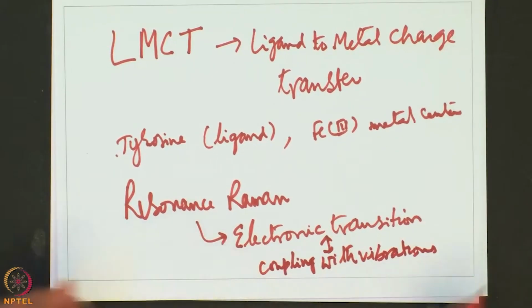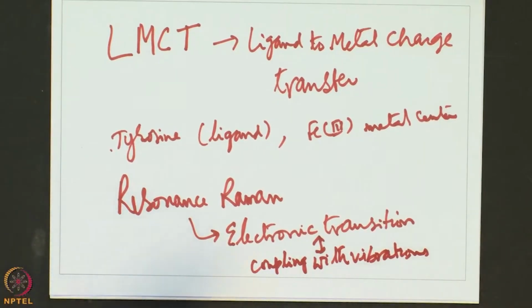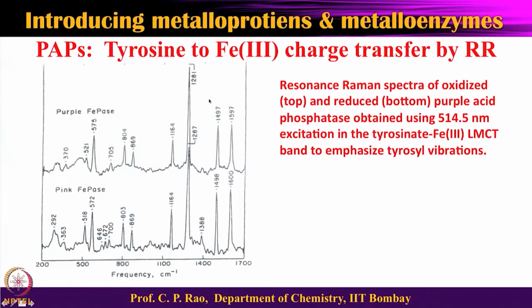So, when it couples, what will happen? The vibrational bands will become highly intense. You measure the spectrum once without this excitation, and once with the excitation, and you will see the bands which are enhanced in the vibrational spectrum.